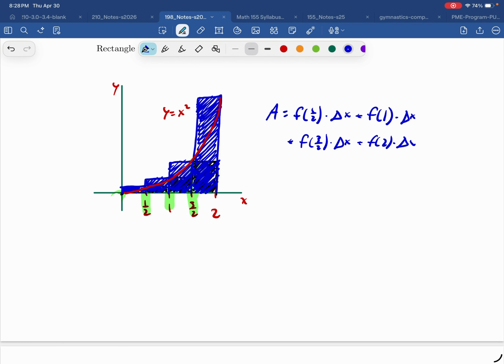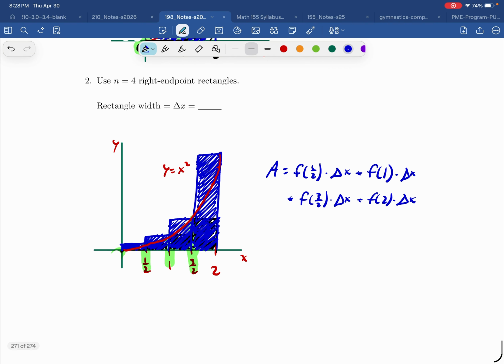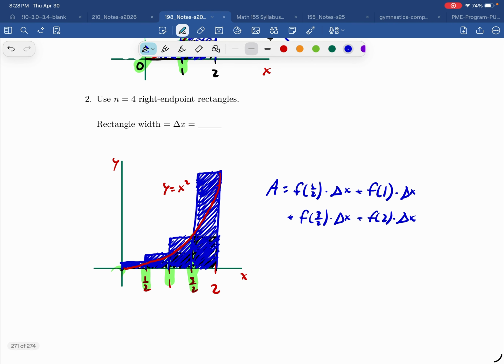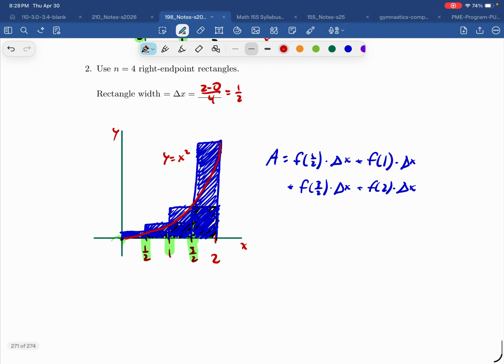And what's this going to boil down to? Well, remember that delta x is still going to be 1/2. The interval is still 0 to 2. There are 4 rectangles, so the width is still 1/2. That's going to be the same. The heights are what's changing. And again, you'll notice they're sort of shifted over a little bit.